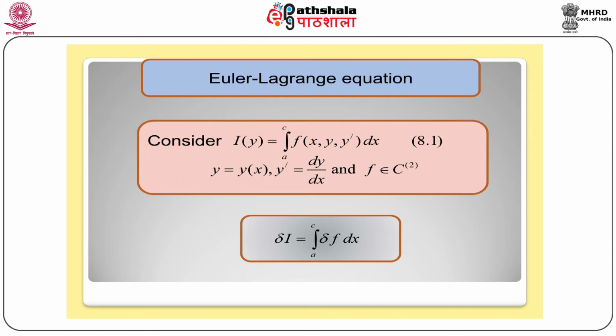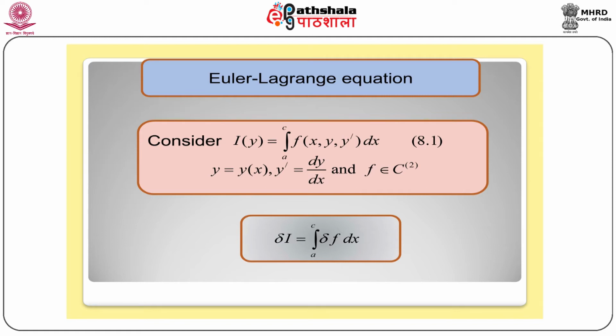A set of admissible functions serve as the domain of a functional. The variation of the functional capital I is denoted by delta capital I, and this is given by delta capital I equal to the integration from a to c of delta f into dx. Here we have taken the delta operation under the integral sign. This is admissible.